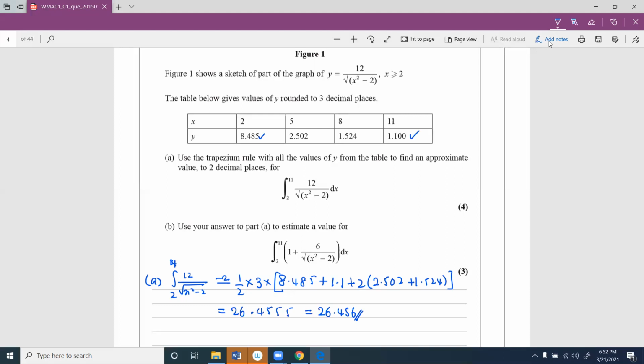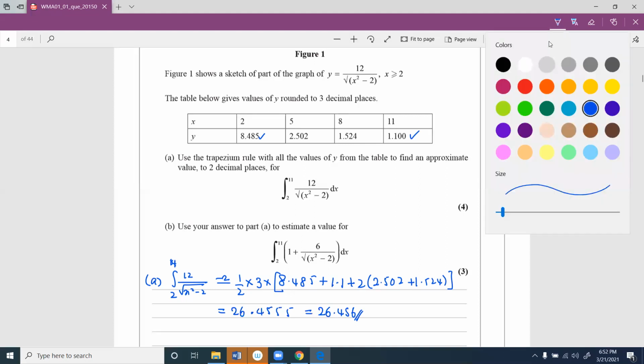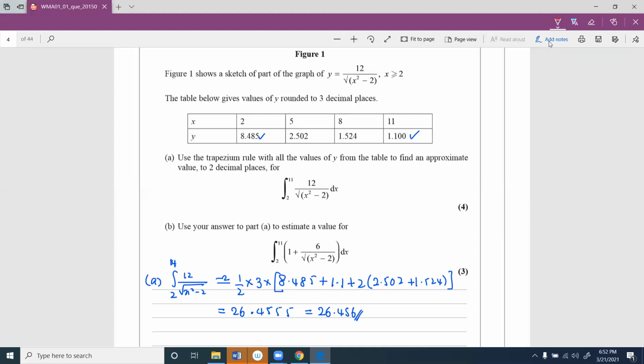12 over the square root of x squared minus 2. It sometimes takes a little time, depending on the advancement of the calculator. This value should turn up to 22.307. Now, this is a little bit doubtful. We will recheck again. Half the width of the first strip is correct. First y coordinate is 8.485 plus 1.1 plus 2 times 2.502 plus 1.524.